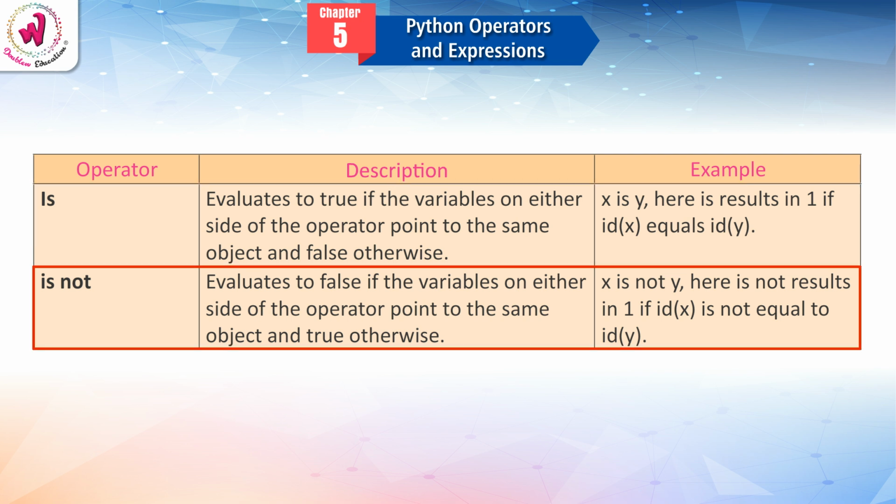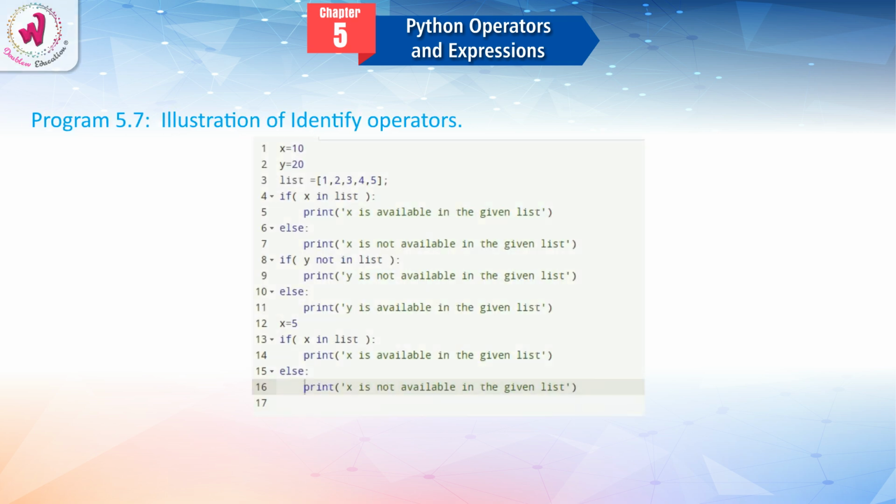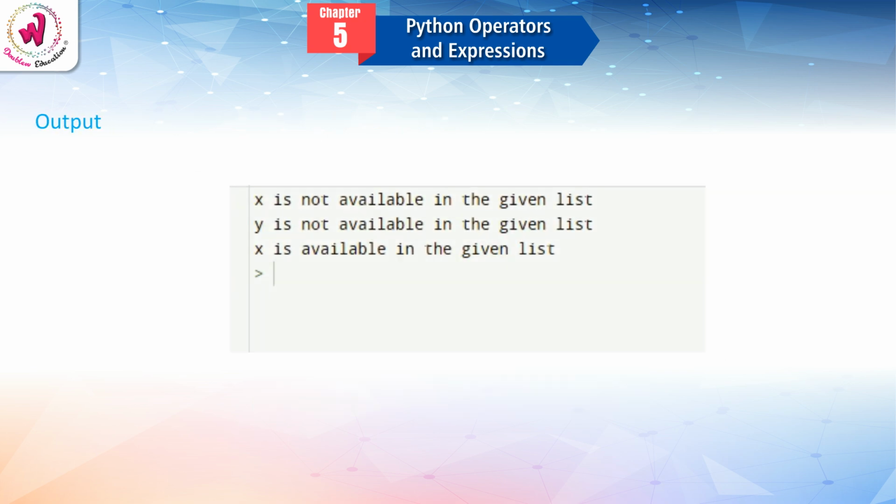Is not evaluates to false if the variables on either side of the operator point to the same object and true otherwise. X is not Y results in 1 if id(X) is not equal to id(Y). Program 5.7 Illustration of identity operators. Output.